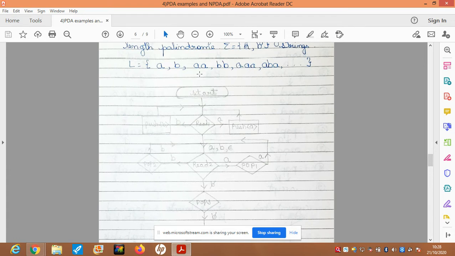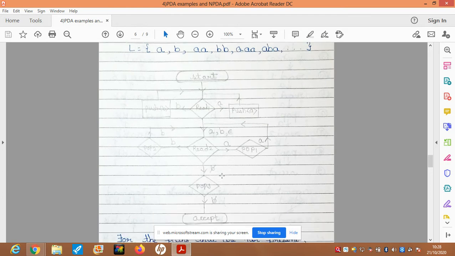The central element is important because we want to match the left half of the string, the symbols on the left of the central element, with the symbols on the right half. So we need a central element: an A or a B for odd length, and epsilon for even length.